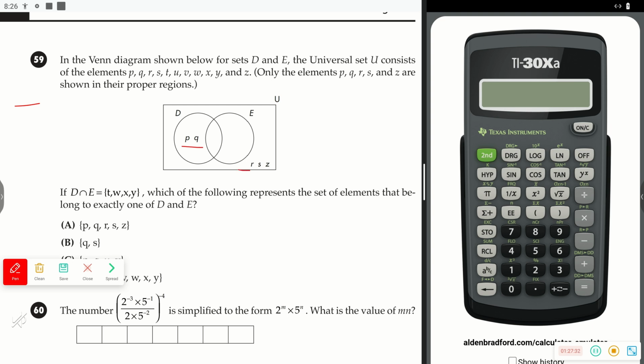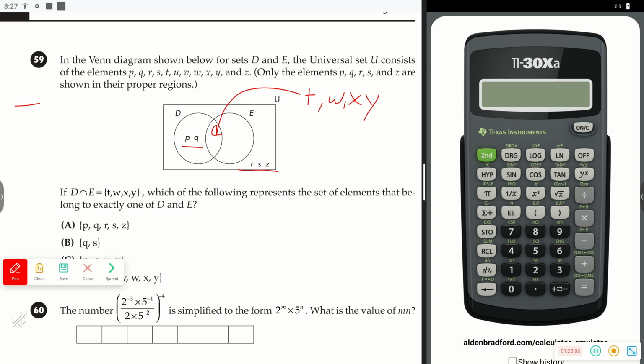And it says if these values are included in sets D and E, which of the following represent the set of elements that belong to exactly 1 of D and E? So that means right in here, we're going to have T, W, X, and Y.